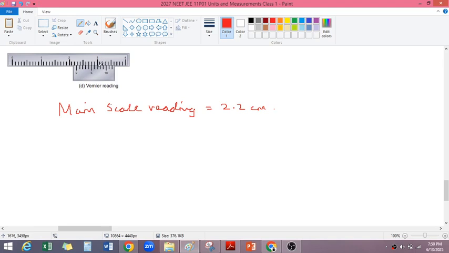I think only this line is kind of straight. So up to this it is 5, 6, 7. So the 7th division is coinciding. So least count into 7th division.